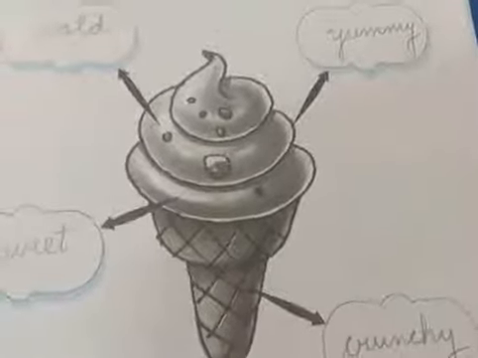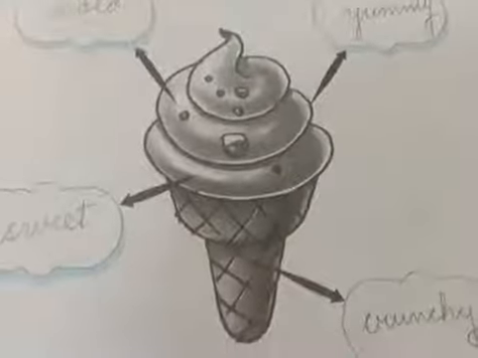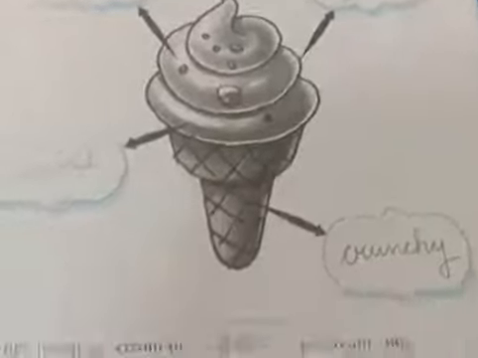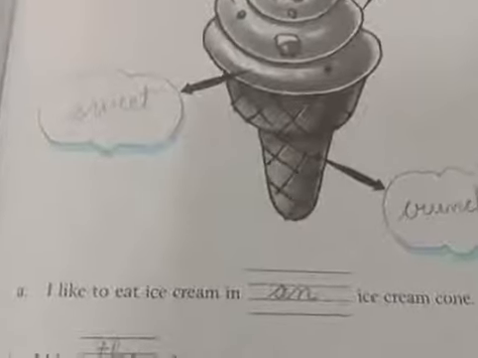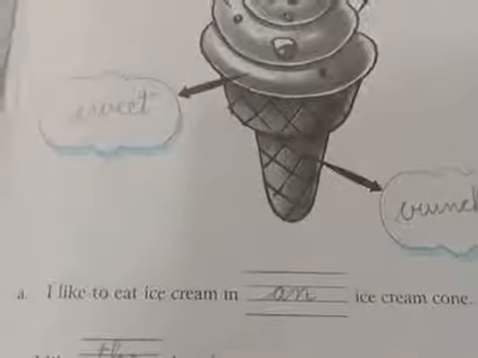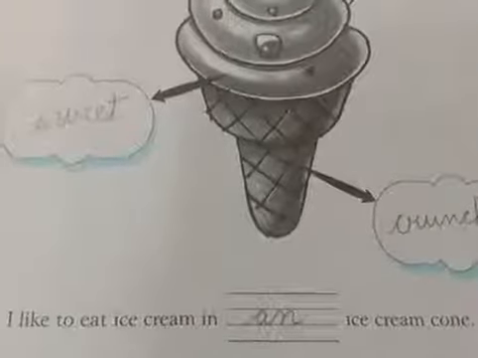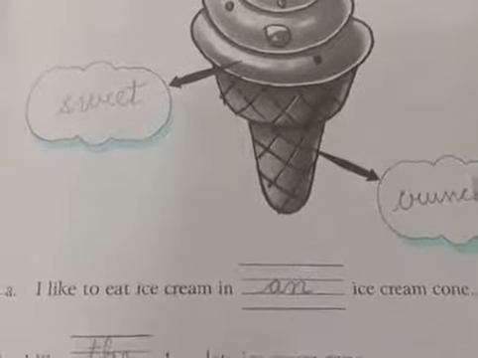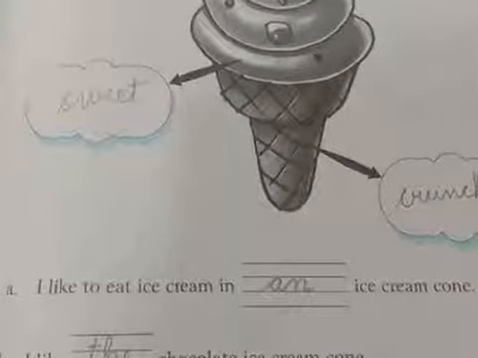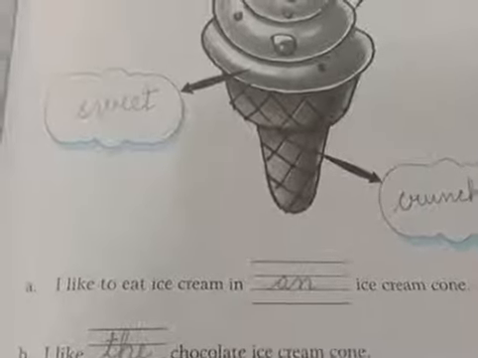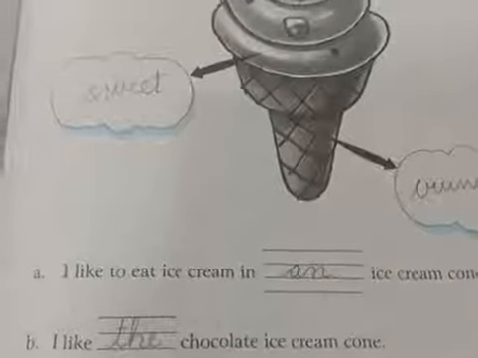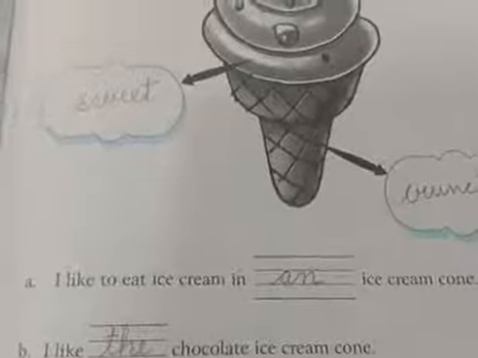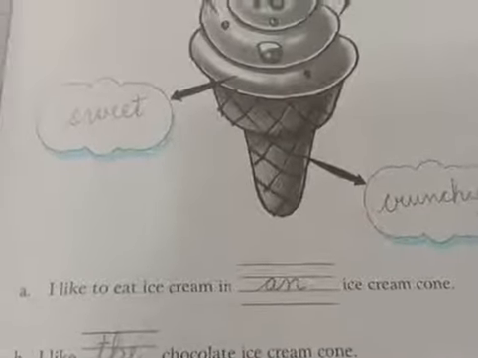We are using this crunchy for the wafer. Okay, now we have to fill the articles in the sentences given below. I like to eat ice cream in an ice cream cone. I like the chocolate ice cream cone. Putting ice cream in a cone makes it tasty.